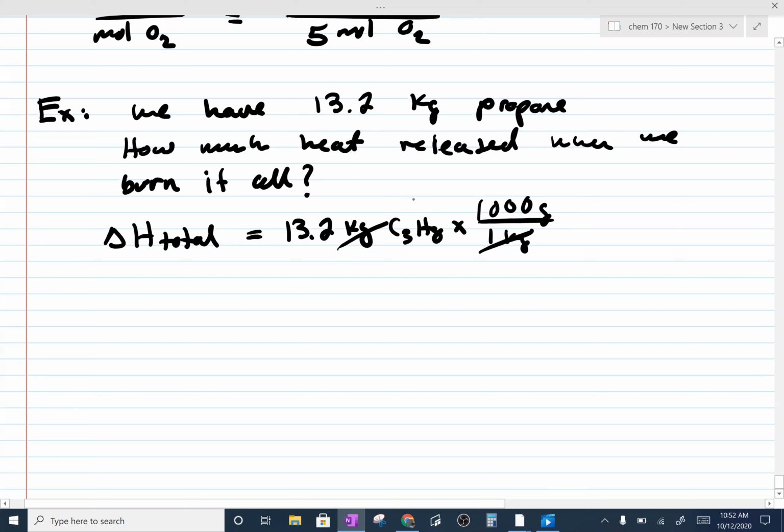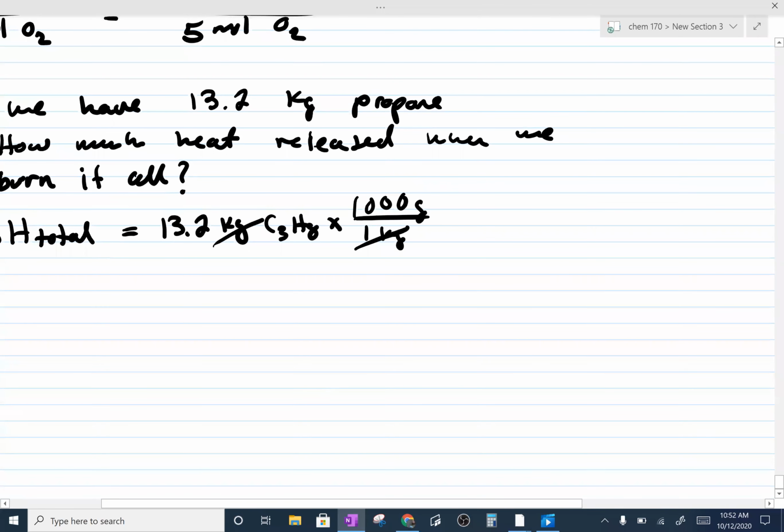Now we can use the molecular formula that we can get from the periodic table. So we multiply this by 1 mole of C3H8 divided by the molecular weight, which is 44.09 grams of C3H8. Gram cancels out. Now we're in moles.